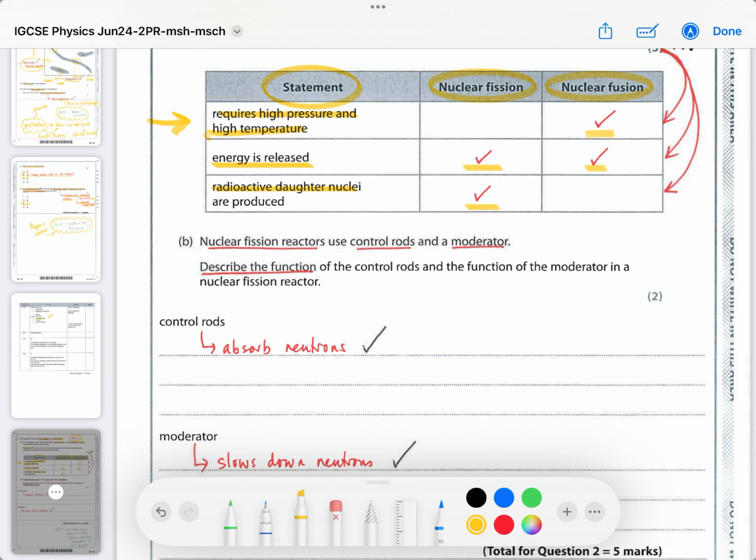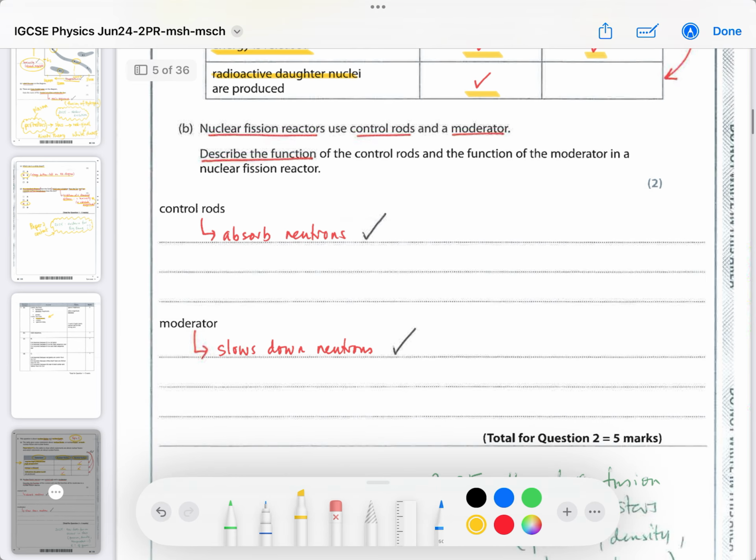So then part B is talking about nuclear fission reactors and how they use control rods and moderators. And you need to know all the parts of a nuclear fission reactor. You've got to describe the function, in this case, of the control rods and the moderators.